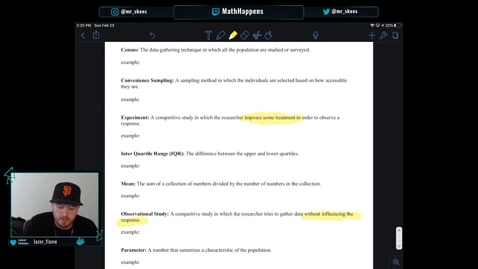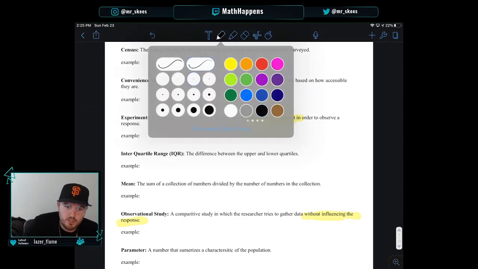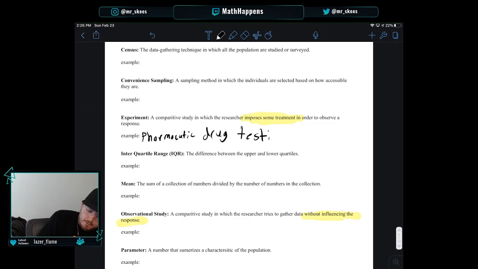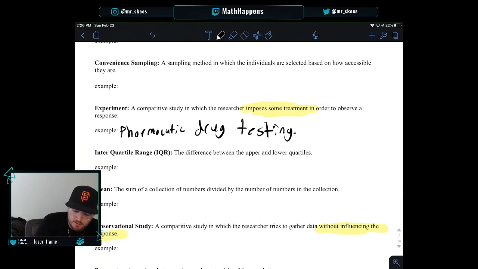It's just pure observation. So something that came to mind when I was thinking of some examples for these was pharmaceutical drug testing. Right? I mean, they have to do tests on drugs to make sure... Let me write this a little bit nicer.